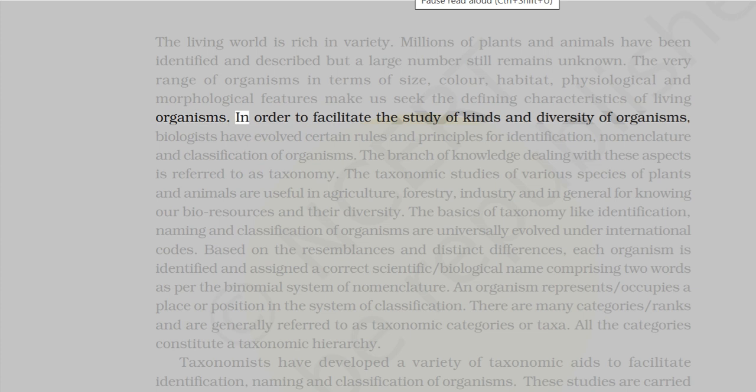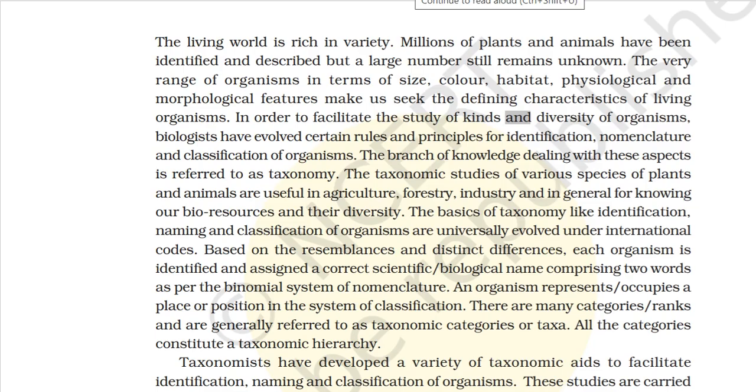In order to facilitate the study of kinds and diversity of organisms. Facilitate means making it easy, right? They are using such big words. Facilitate means making it easy to study the kinds and the diversity of organisms.